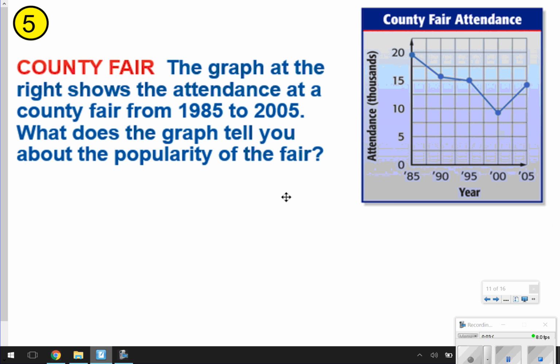The graph at the right shows the attendance at a county fair from 1985 to 2005. What does the graph tell you about the popularity of the fair? Again, pause the video, think out loud with your neighbor, write your answer down, and then click play when you're ready for question number 6.